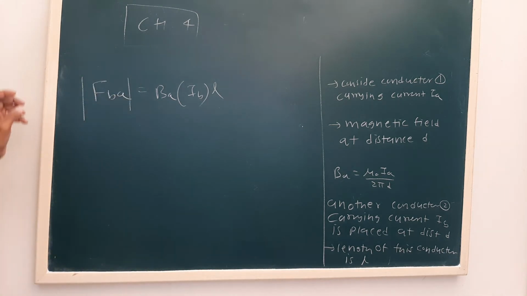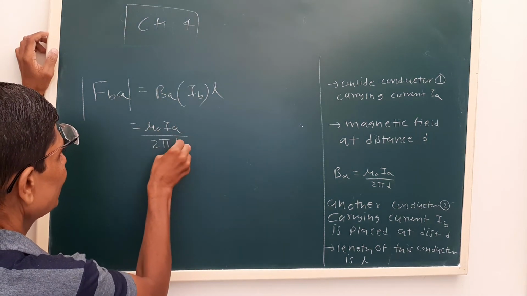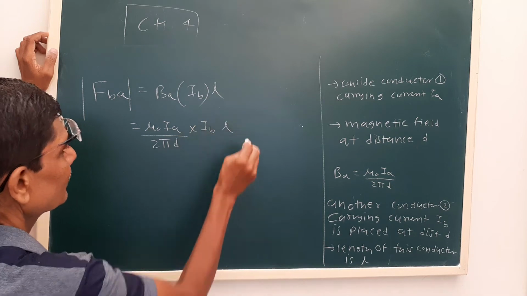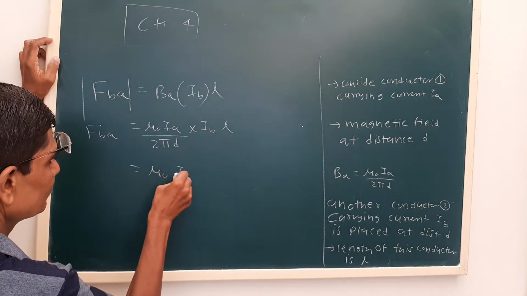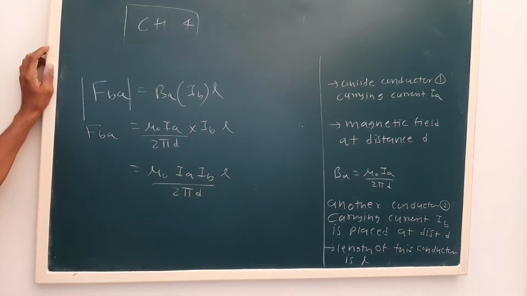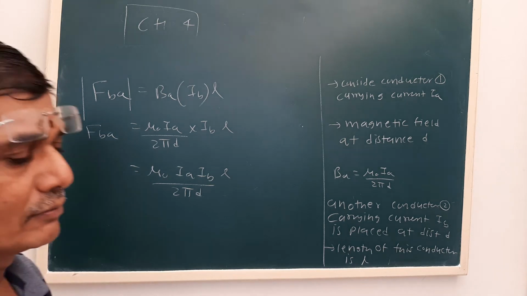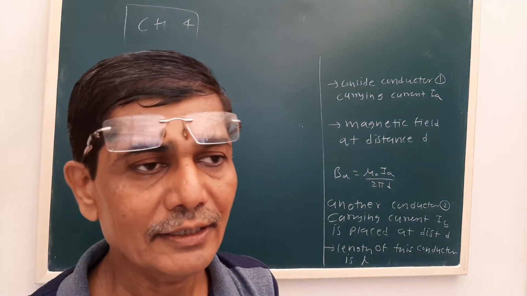BA is mu 0 IA upon 2 pi D, the current is IB and the length is L. We can rearrange: mu 0 IA IB L upon 2 pi D. This is the magnitude of the force acting on the second current carrying conductor.